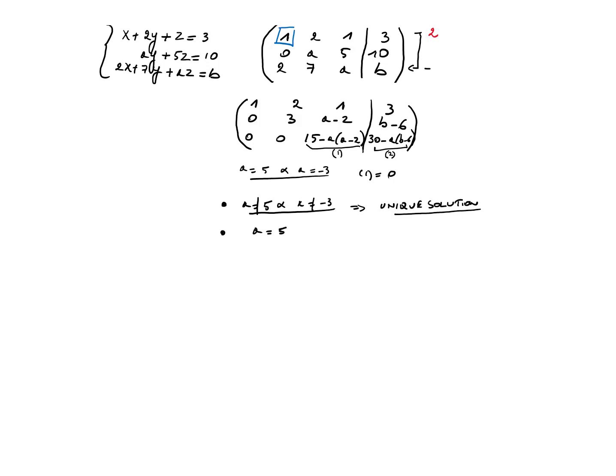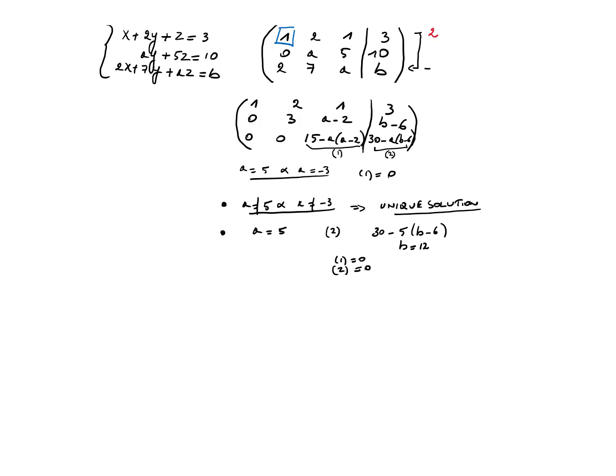So now we can continue our discussion based on a, and we'll take a equal to 5. Okay, so we can rewrite 2, and 2 becomes 30 minus 5 times b minus 6. Okay, so this is 2, and we see that there is indeed a special value for b here. If b is equal to 12, then 1 is equal to 0 and 2 is equal to 0.